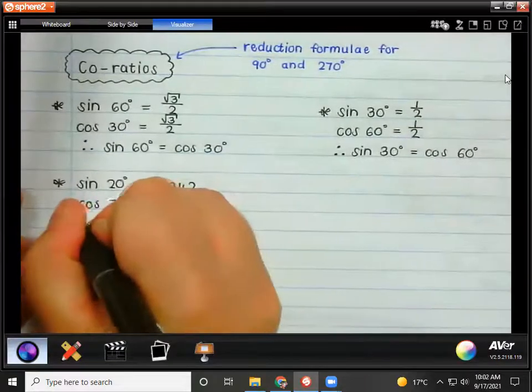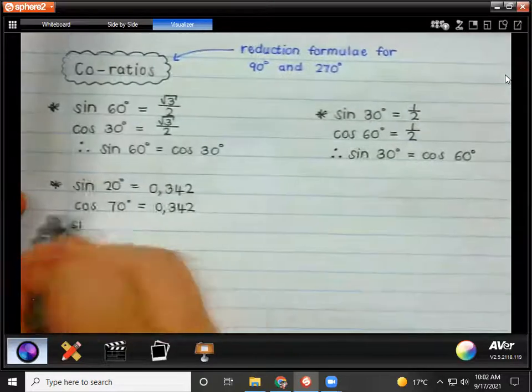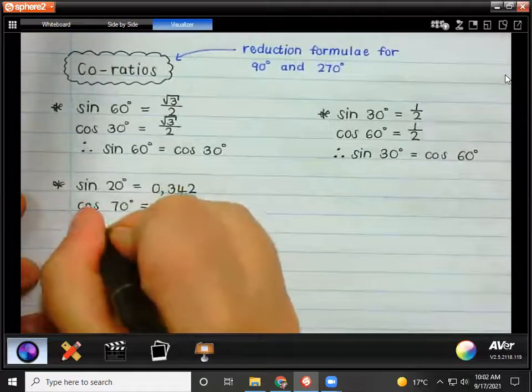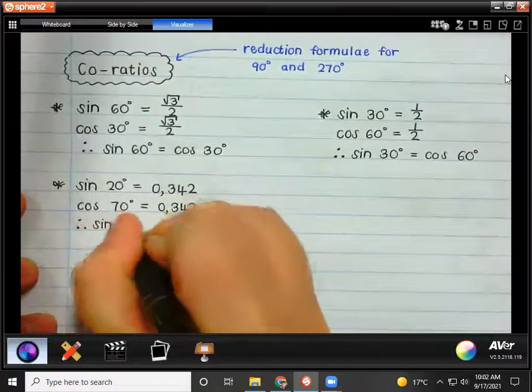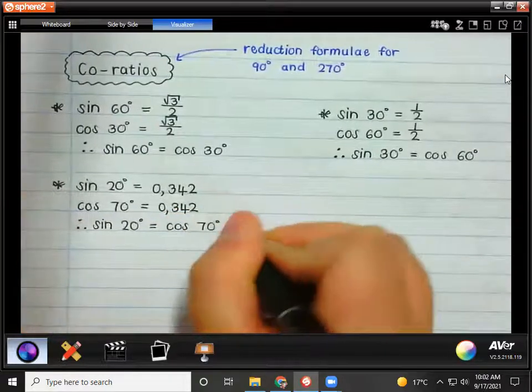Therefore, sine of 20 is equal to cos of 70.